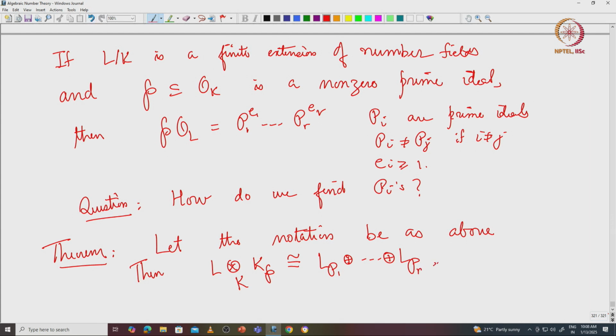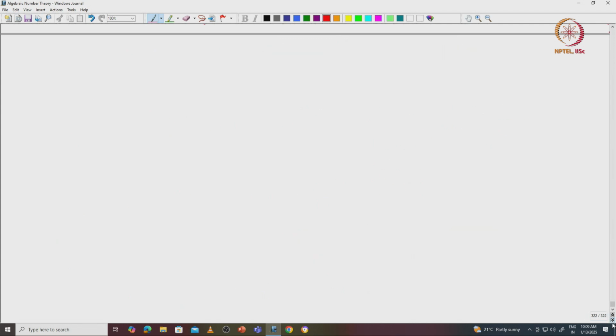And this isomorphism is an algebraic isomorphism and a topological isomorphism. Both sides have some topology, both sides are direct sums of fields, and so they are algebras over K_P, and so as algebras and as topological spaces they are isomorphic.